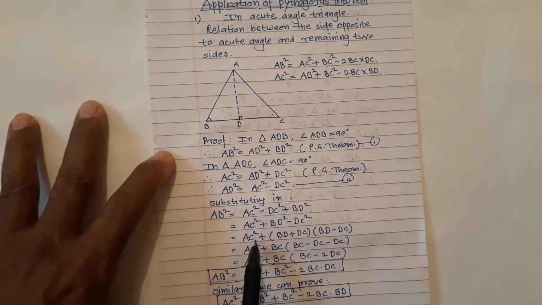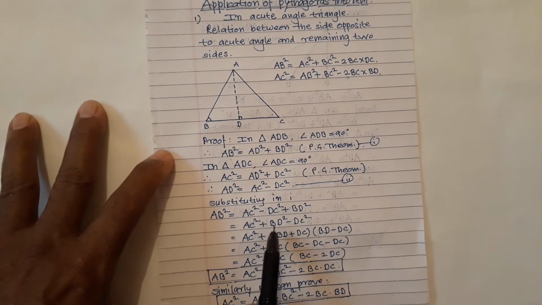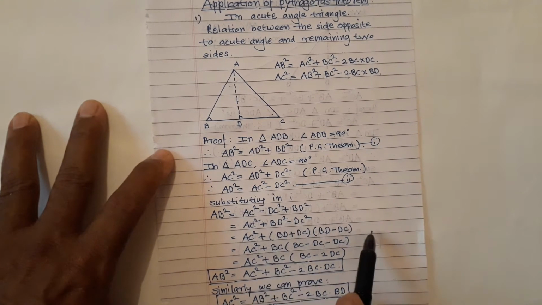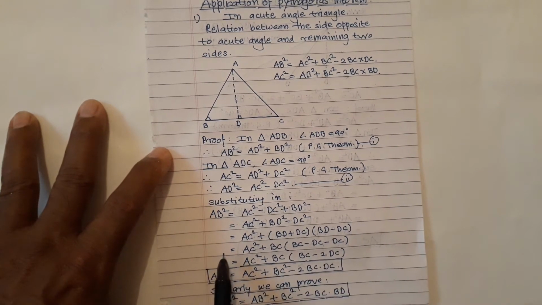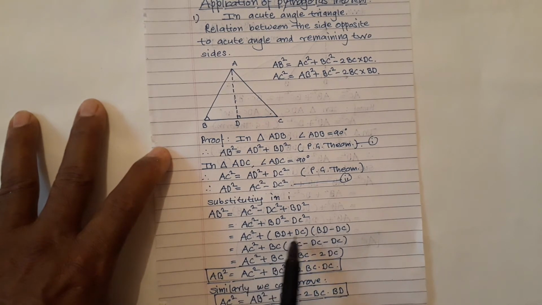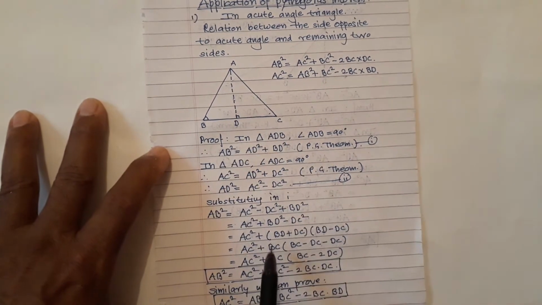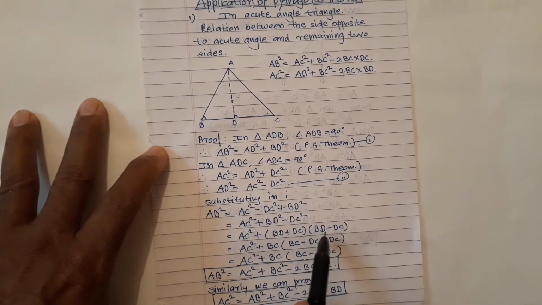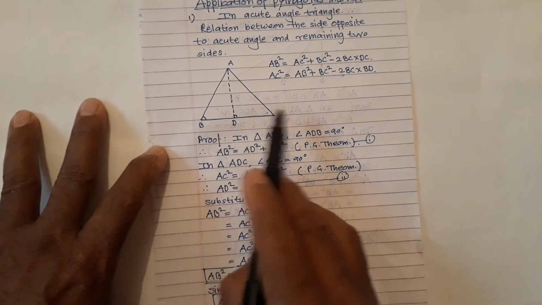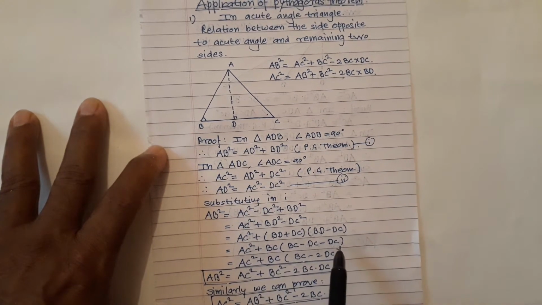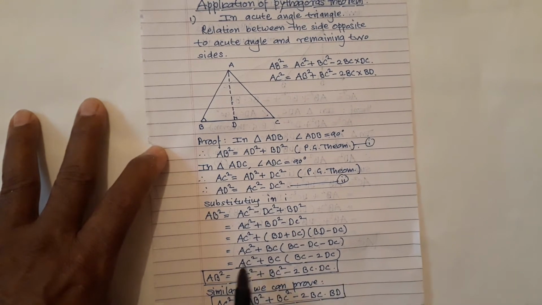So AB square is equal to AC square plus BD plus DC, and in second bracket BD minus DC, and therefore AB square is equal to AC square plus this BD plus DC is equal to BC, and for this bracket you replace this BD, so BD is equal to BC minus DC, so BC minus DC, and this DC minus DC.